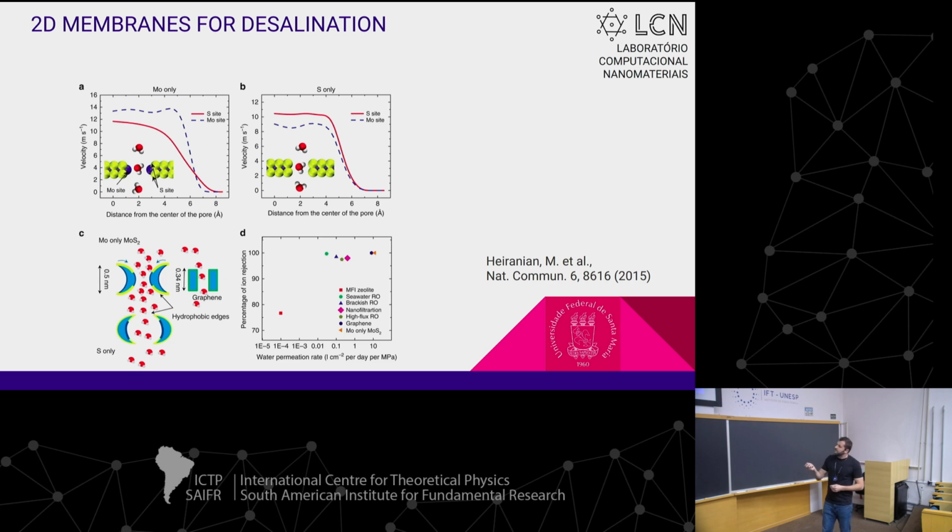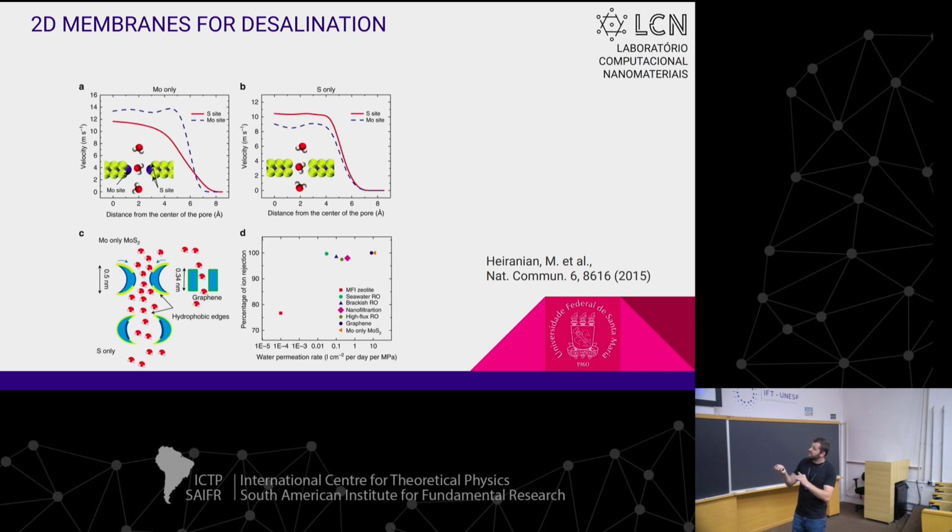But if you have one layer of molybdenum disulfide, you can actually push water inside the pore. Then the pore has this hydrophobic interaction, and the hydrophobic interaction will expel water, and then water will be attracted again by the outer environment. Otherwise, you're going to have a different location.